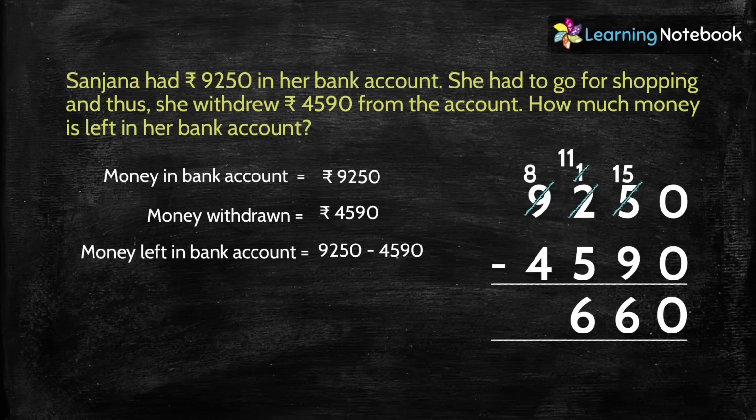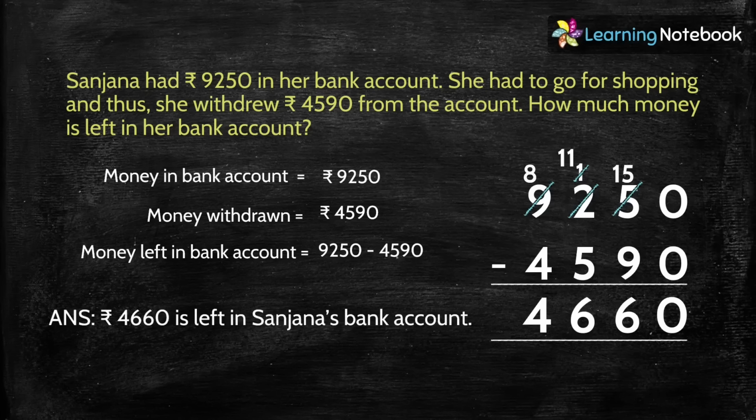And then 8 minus 4 equals 4. So answer is 4660. Students, never forget to write the answer statements in the word problems. So let's write the answer statement. Rupees 4660 is left in Sanjana's bank account.